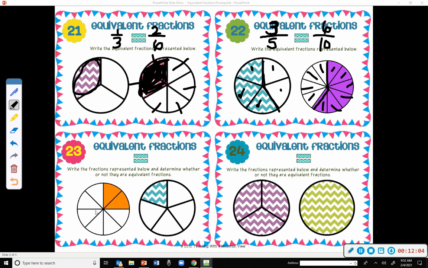Let's look at the orange pieces. There's 2 shaded. And then how many total? 8. So 8 is my denominator. Okay, now the next one, there's 1 out of 5. Good, so 1/5.